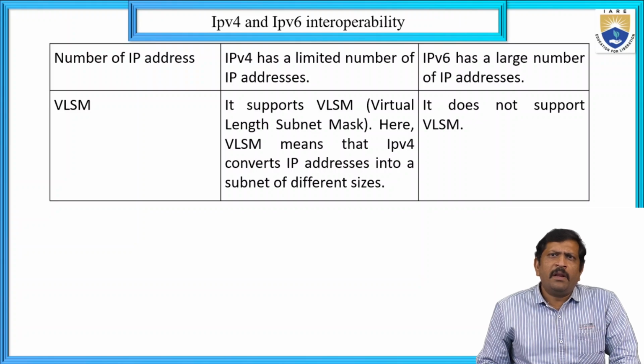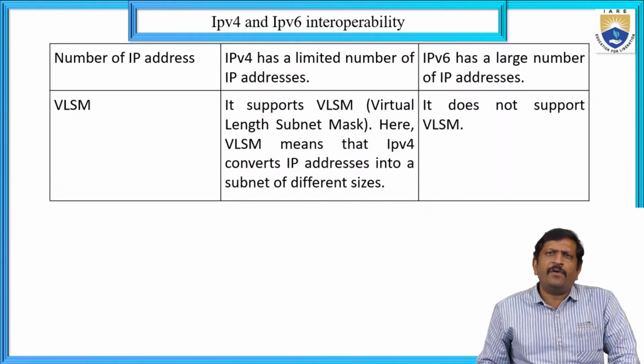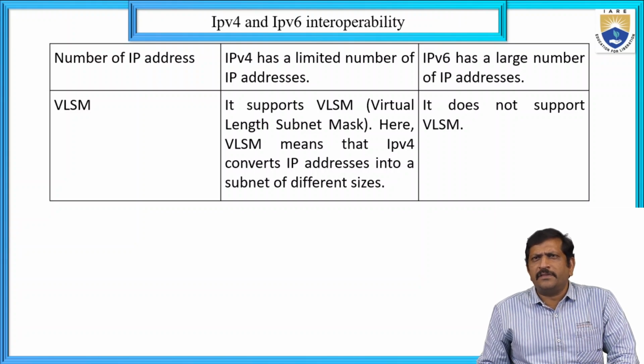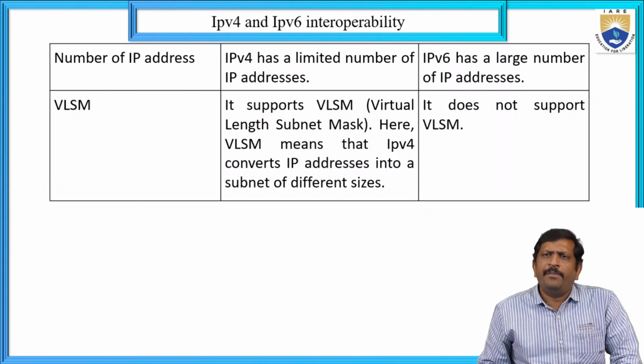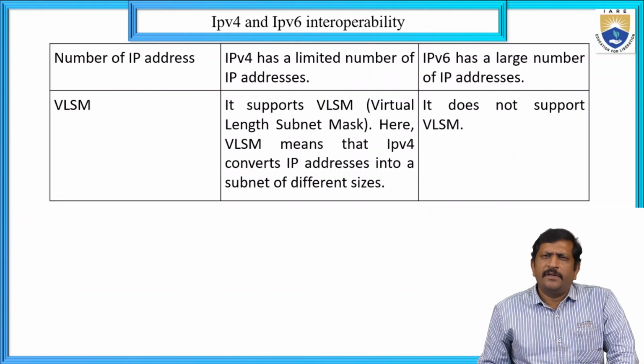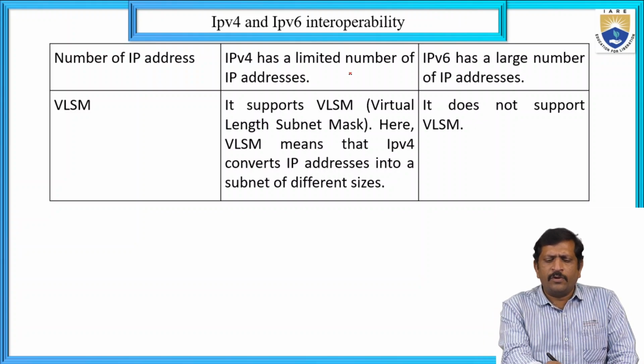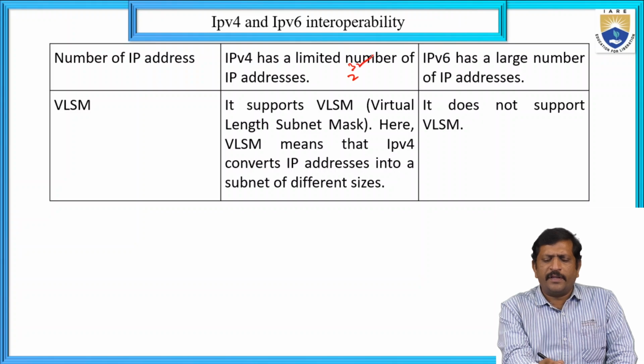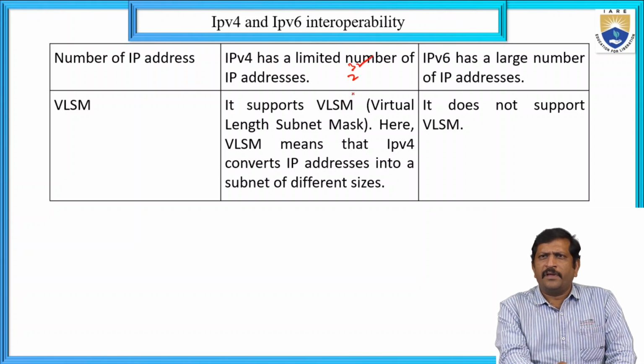Here, the number of IP addresses. IPv4 has a limited number of IP addresses, compared to IPv6, which has a large number of IP addresses. Limited number means only 2 to the power of 32 addresses.